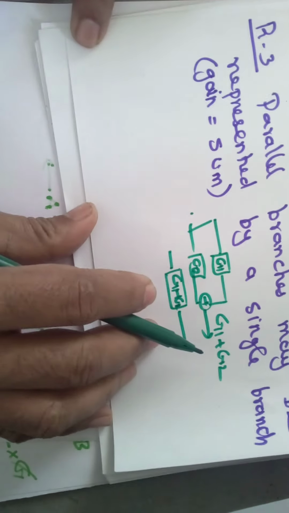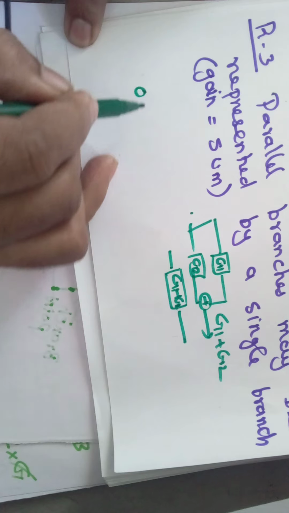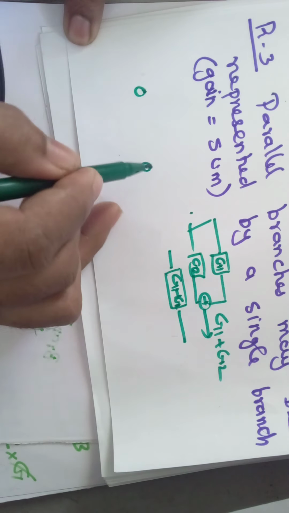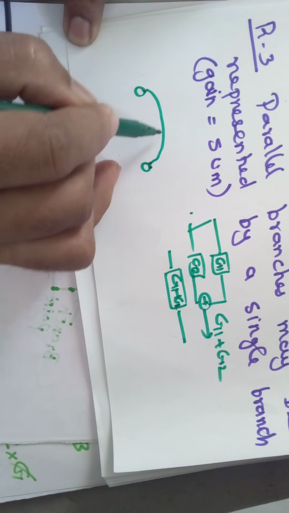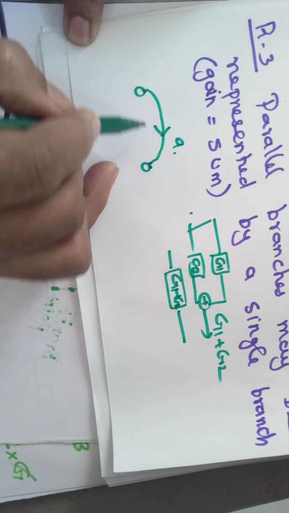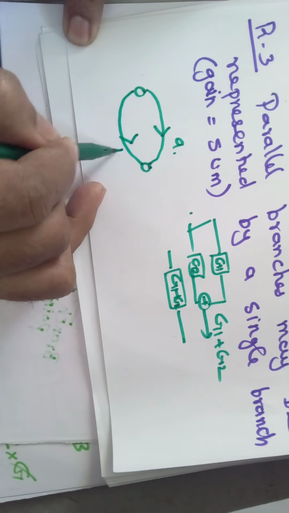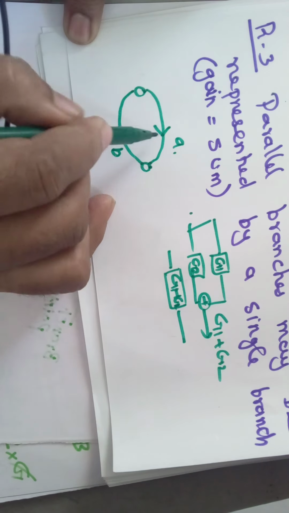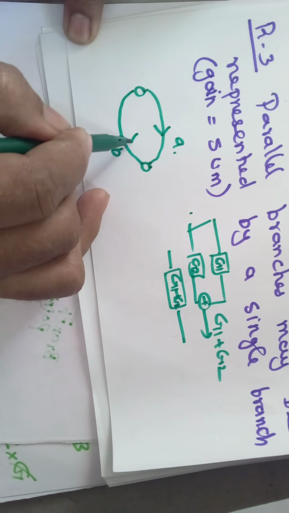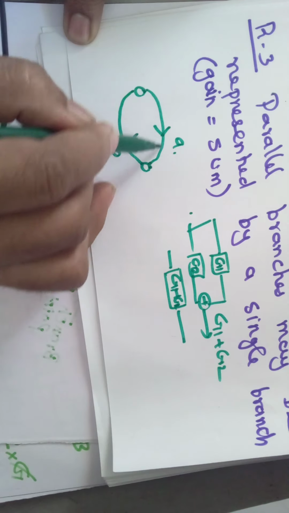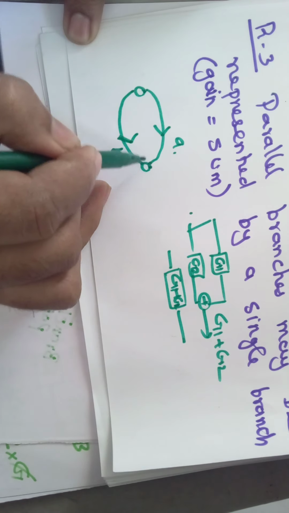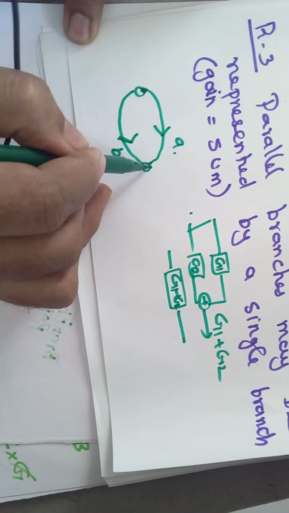Understood? So here also you see, there is a node, another node, the output node. One signal with a gain of a is traveling in this direction, another signal with a gain b is traveling in the same direction, so it is not a loop. It is not a loop because these two signals are traveling in the same direction, right? This signal starts at this point, ends at this point.